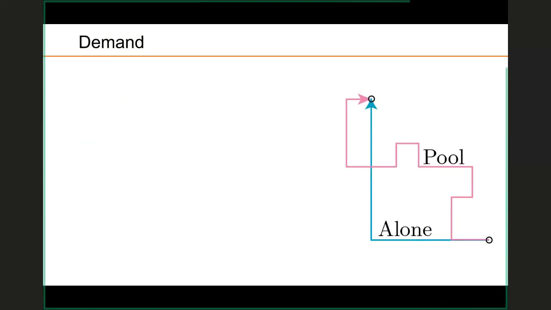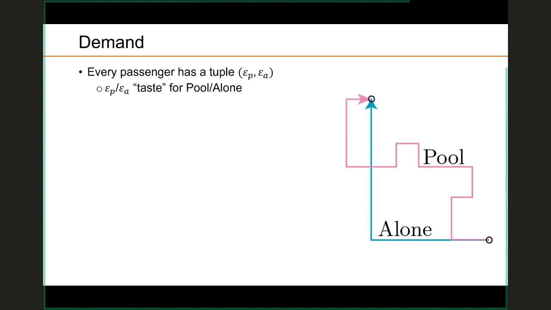So then we'll go into the demand side, since this is an economic model, so there has to be a demand side. The demand side is a logit model, which would be a special case of this. You could do probit or whatever. So every passenger is characterized by a tuple, epsilon p, epsilon a, where that is their taste for a pool or an alone trip.